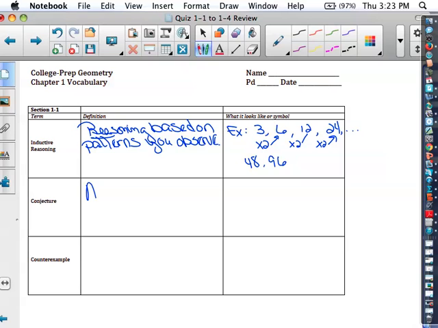Conjecture is a conclusion that you reach using inductive reasoning.